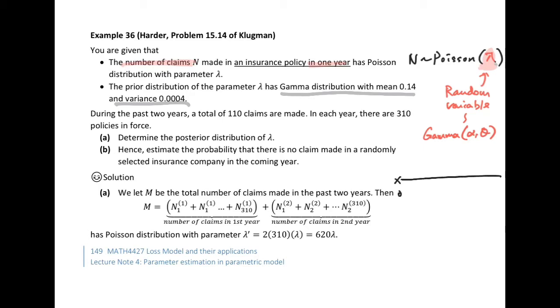Now, you are given that 2 years have gone by, and I found that over these past 2 years there are altogether 111 claims that I obtained.